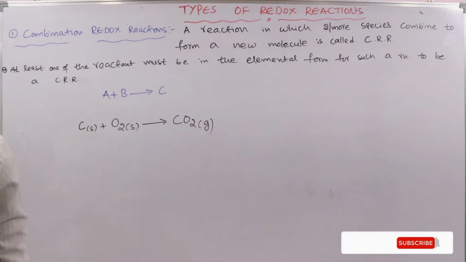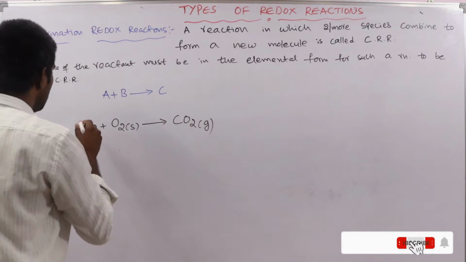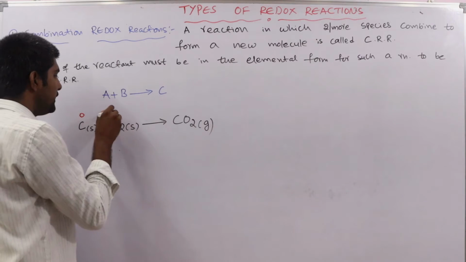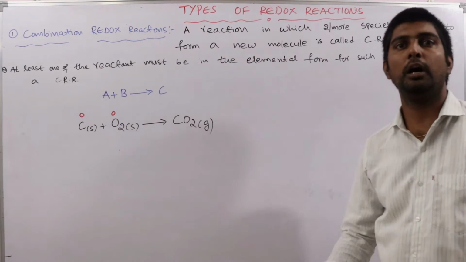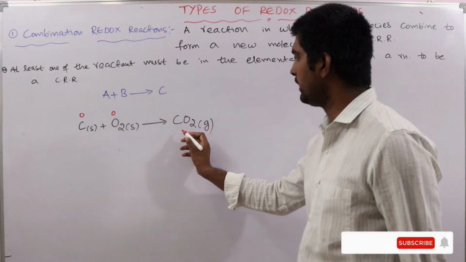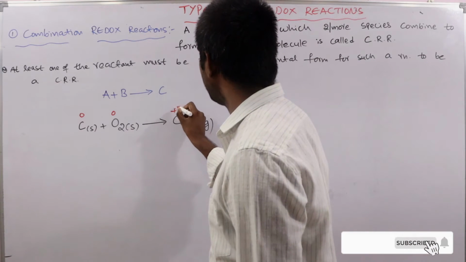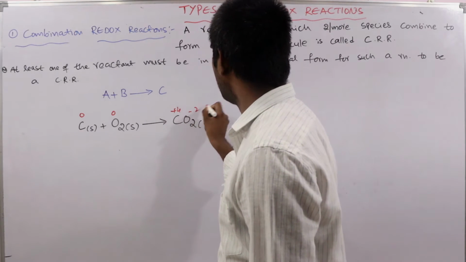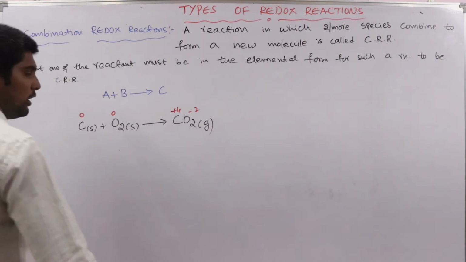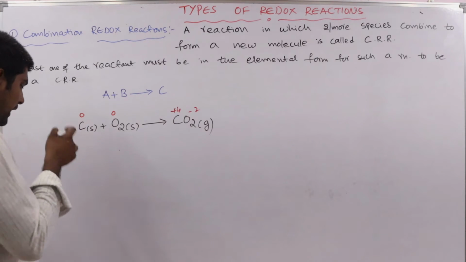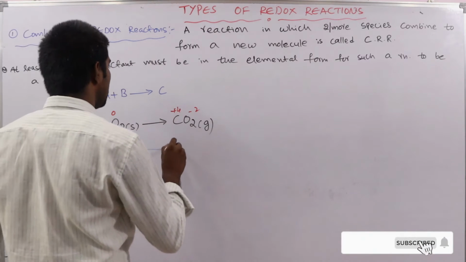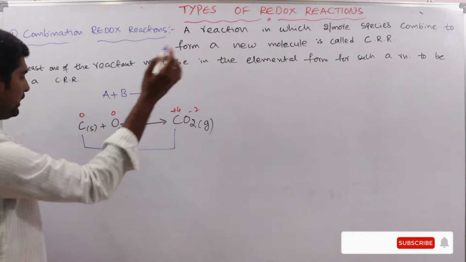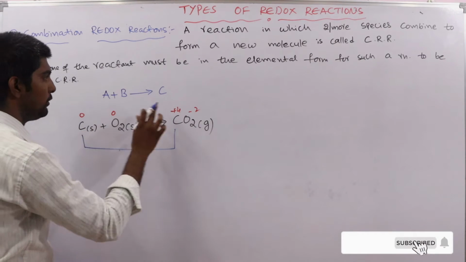Here in the elemental form, oxidation state is 0. That we already discussed, how to assign oxidation state, in the previous lectures. And here, carbon oxidation state is +4 and oxygen oxidation state is -2. See what happened in this reaction? Elemental carbon, 0 oxidation state, is changing from 0 to +4.